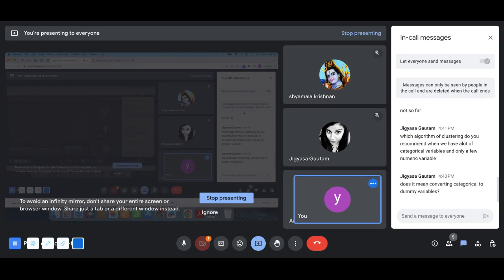Let's say some variable takes values a, b, c, and d.